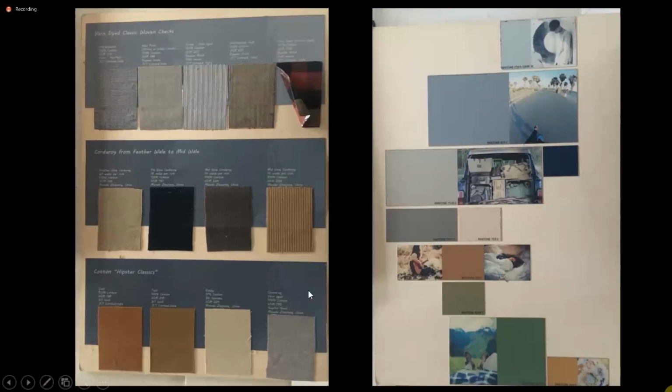These are the materials that are going to be used in this collection. In the research stage, materials are decided, and again, this is the finalized colors for the concept.